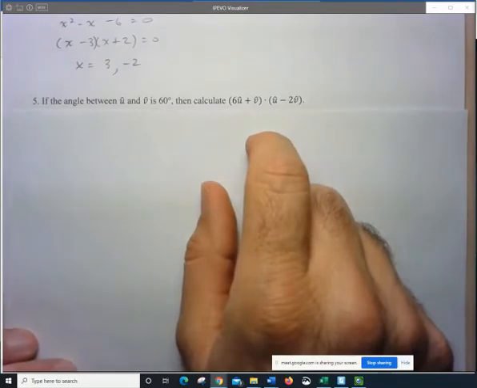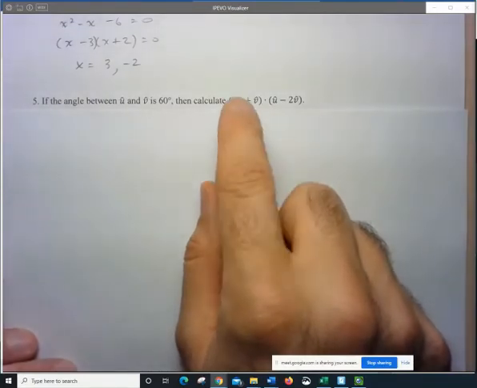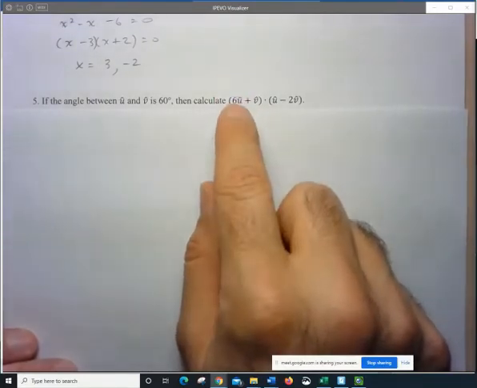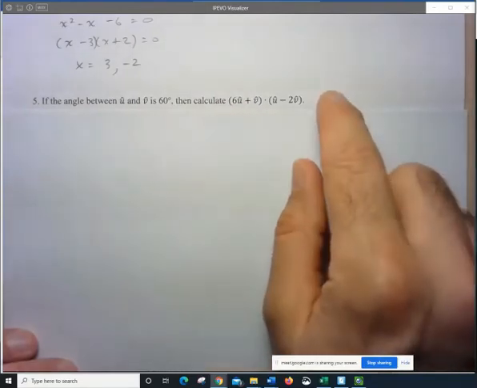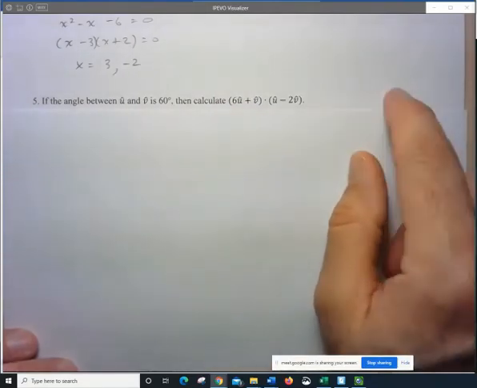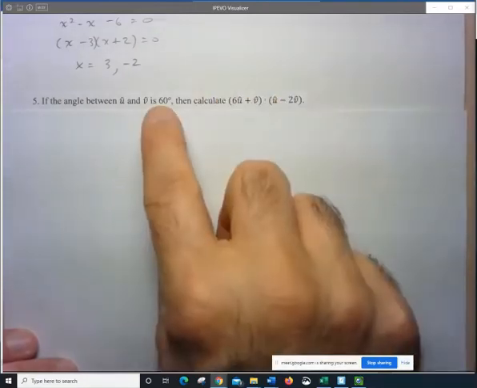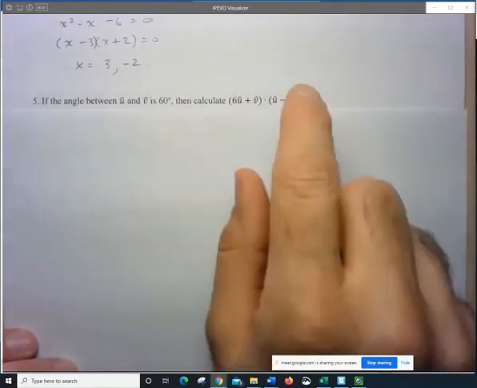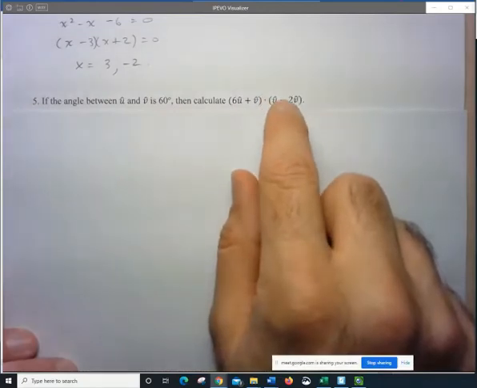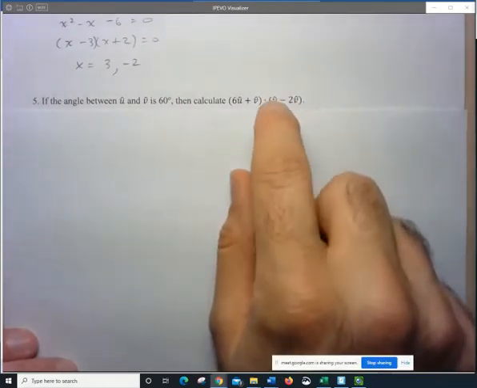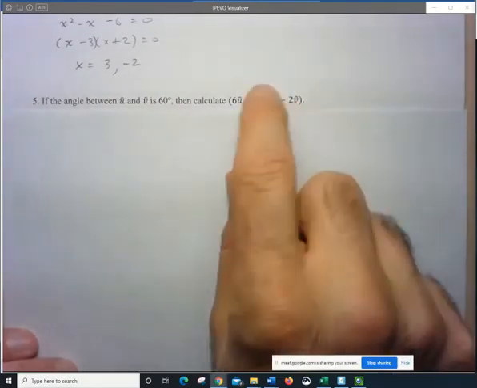Okay, so could you take my vector u, which has magnitude of 1, take 6 times u, and then add vector v, knowing the angle between them? Yes, you can. Can you subtract u minus 2 times v? Because you know this is magnitude 1, magnitude 2 with the angle between them.